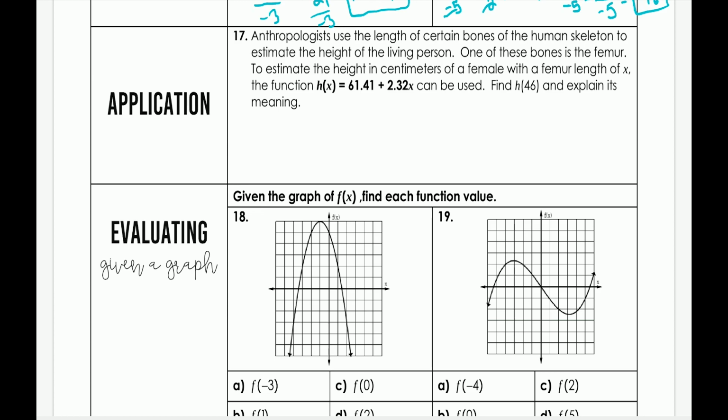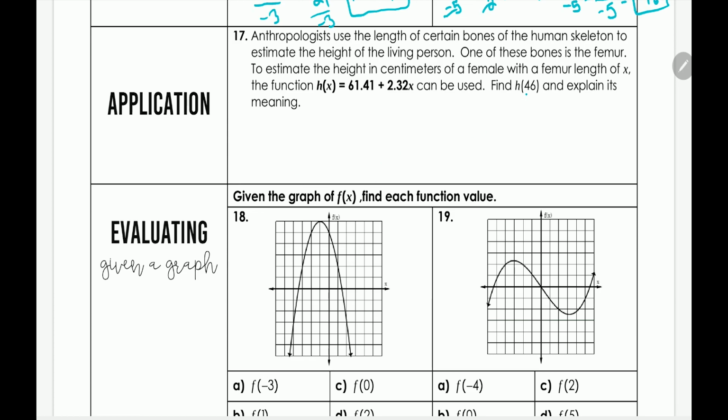One of these bones is the femur. To estimate the height in centimeters of a female with a femur length of x, the function h of x is equal to 61.41 plus 2.23 multiplied by x can be used. Find h of 46 and explain its meaning.